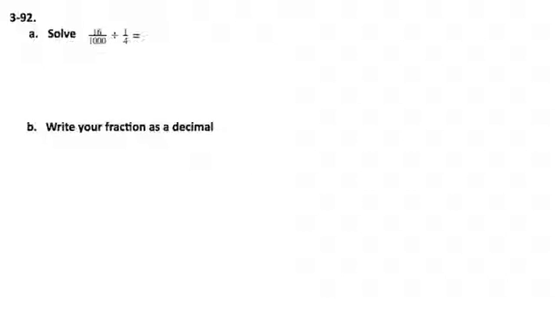For the last problem, for part A, so 3-92, solve 16 thousandths divided by 1/4. So again, I keep the first fraction, change division to multiplication, and then I need to flip that second fraction, which is the reciprocal, so I get 4/1.